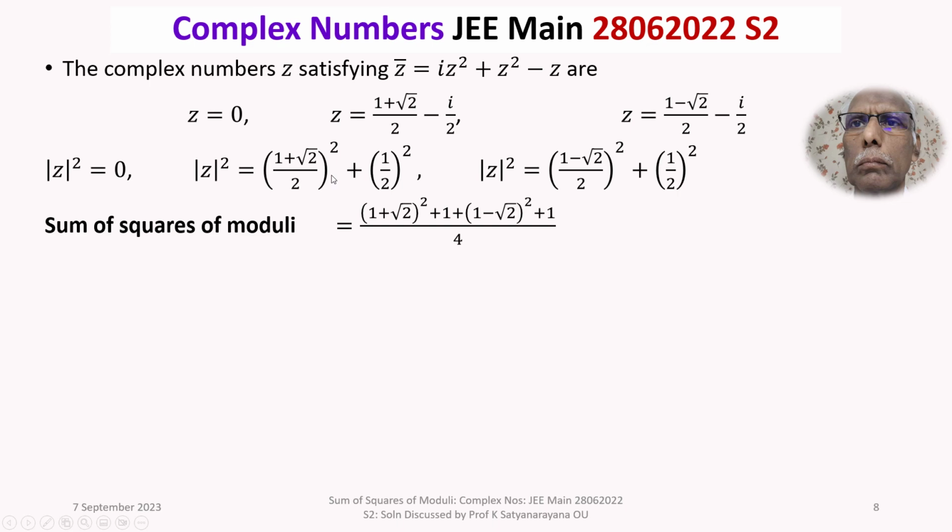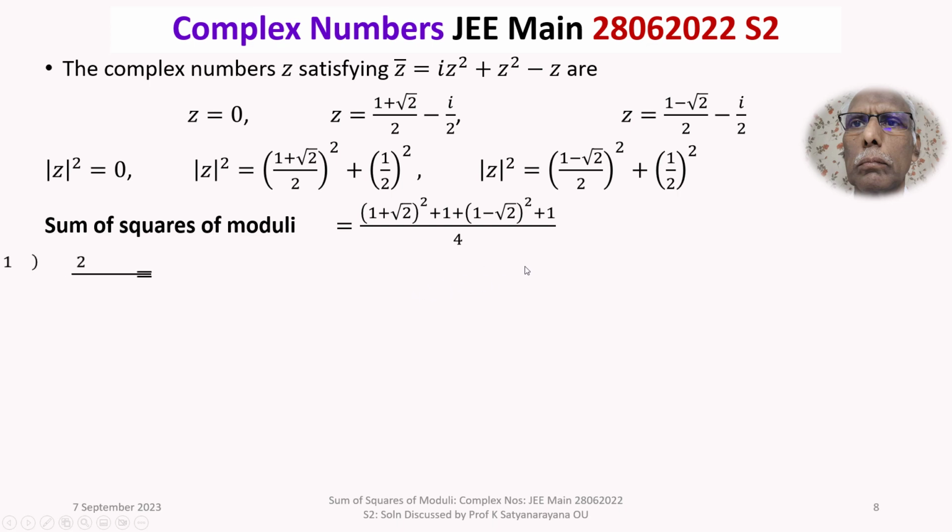So this will be equal to 1 plus root 2 whole square plus 1, taking the LCM 4, and 1 minus root 2 whole square plus 1 by 4. The 4 is the common LCM. Now here we have 1 plus root 2 whole square plus 1 minus root 2 whole square, that is a plus b whole square plus a minus b whole square, that is 2 times a square plus b square.